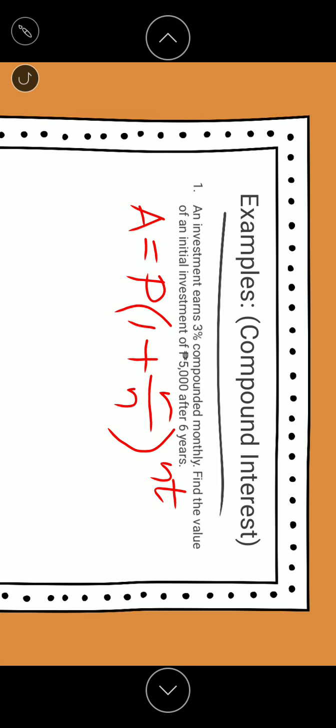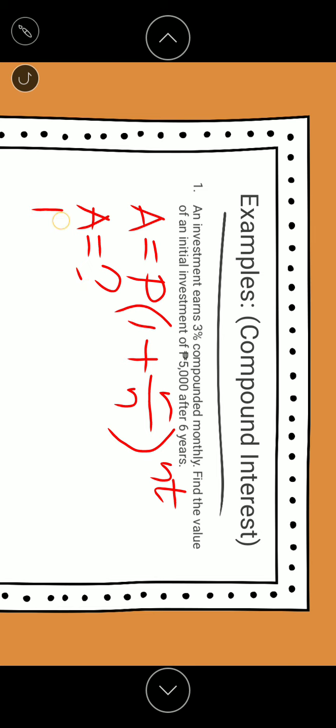Second, write down the given facts or values seen in the problem. So we have A, but since A or the future value is to be found, we put a question mark.